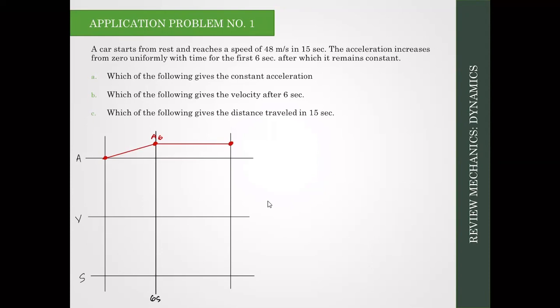Okay? So, si acceleration, si velocity, paano si velocity? Si velocity is nakadepende siya dun sa itsura nung acceleration natin. So, starts from rest din siya, and then nag-reach siya ng 48 meter per second nung 15 seconds na. So, ito si 15 seconds, no? So, ma-reach natin si 48 meter per second. Pero hindi natin alam yung itsura ng graph niya. Okay?